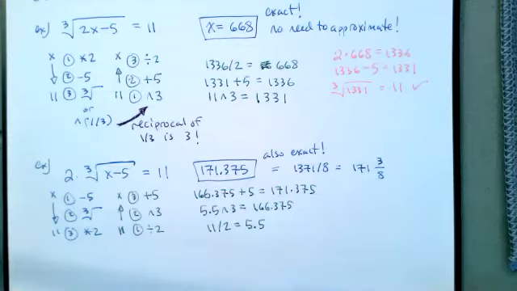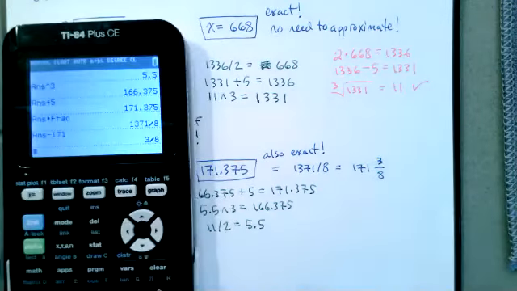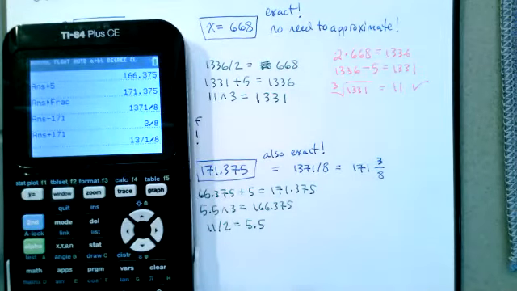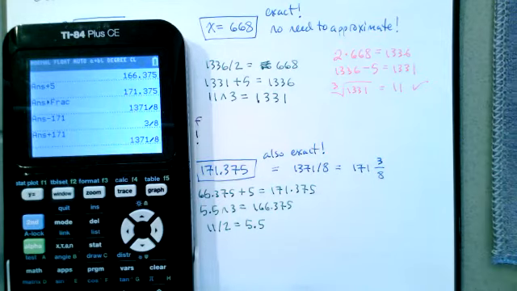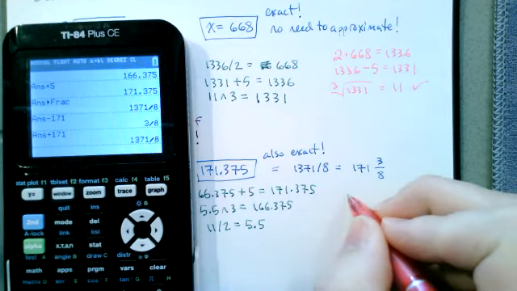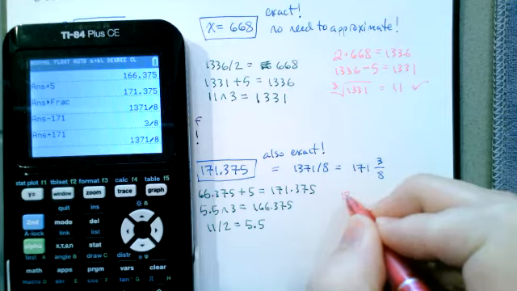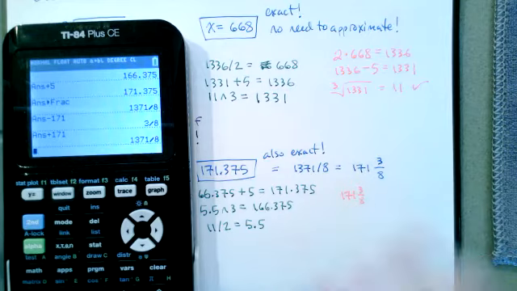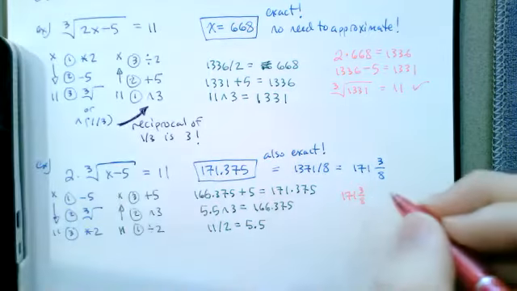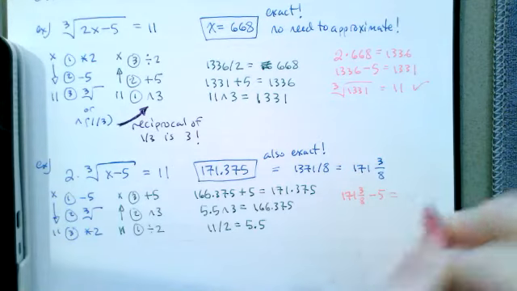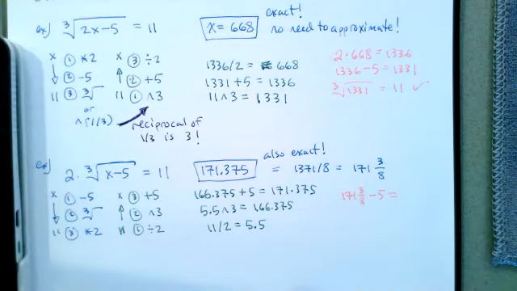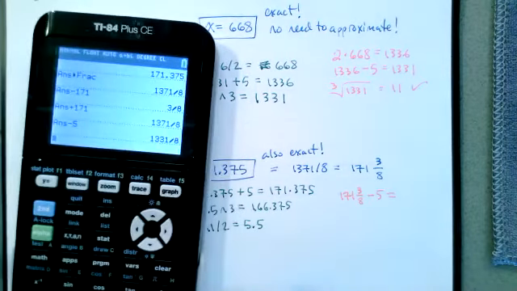And as usual, we should check. Oops, put the 171 back. As usual, we should check. So we'll take the 171.375 and we will do these steps to it. First, we'll subtract 5. There's the 166.375.